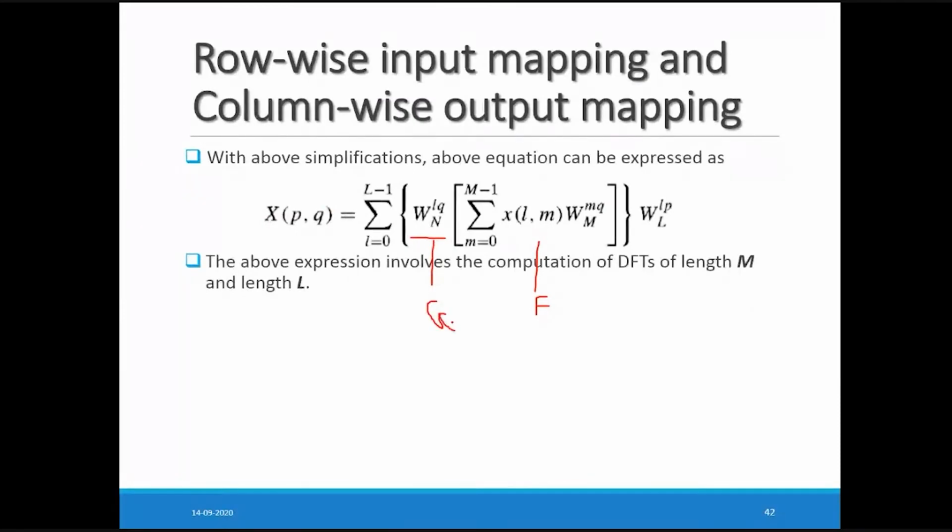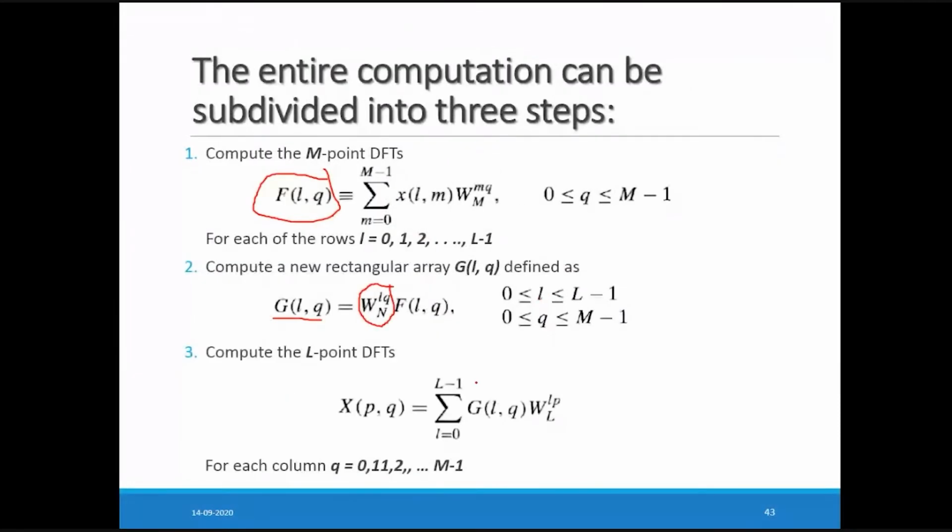And finally, we apply the L point DFTs, where X of PQ is nothing but sigma L is equal to 0 to L minus 1, G of LQ into omega L raised to LP.